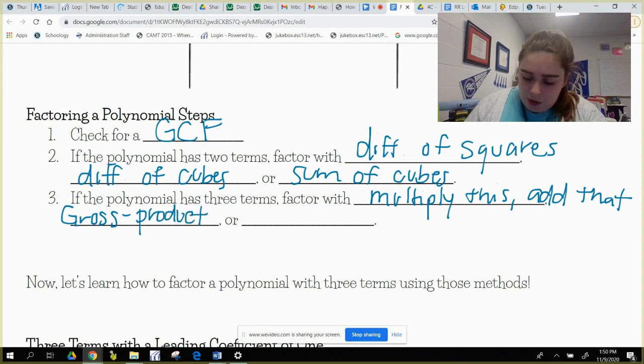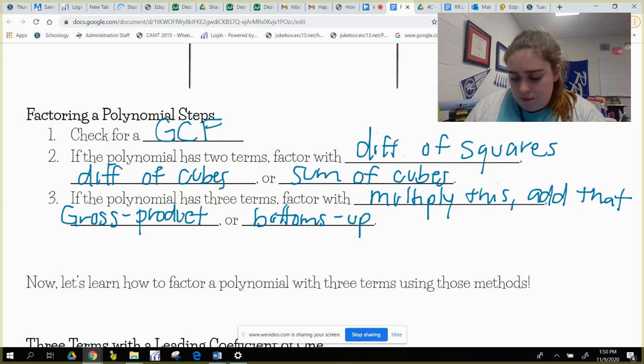And our last one is called the bottoms up method. As we go through, we can begin to see why they are called that. Make sure you have all of that written down, and then we're going to start learning these methods.